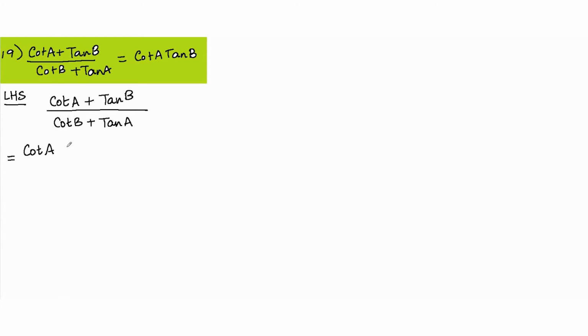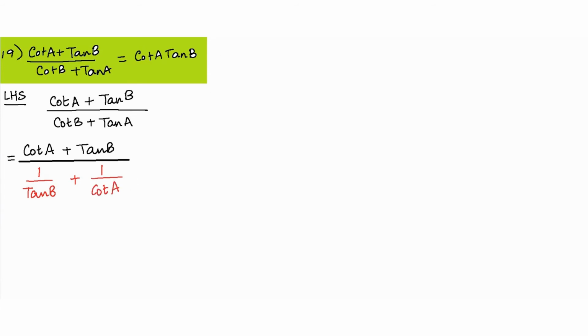I have it in the RHS. Let me leave the tan B term also. I have it in the RHS. But in the LHS, let me now convert the cot B into 1 over tan B because I want tan B in the RHS. And let me convert tan A into 1 by cot A.